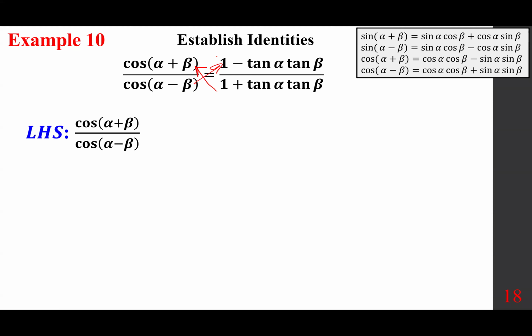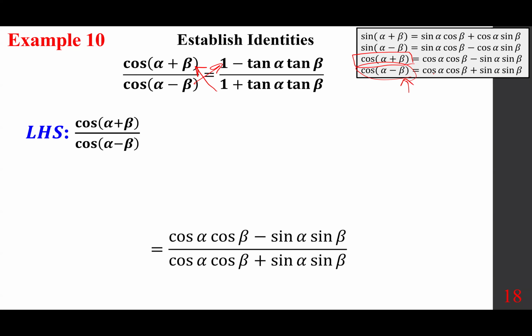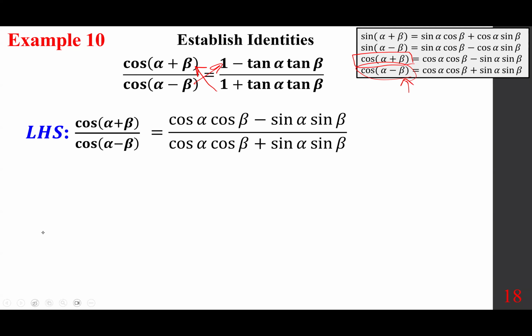So starting from the left side, we just go with cosine of alpha plus beta in the numerator and cosine of alpha minus beta in the denominator. So cosine alpha cosine beta minus sine alpha sine beta over cosine alpha cosine beta plus sine alpha sine beta. Now, what is the next step?